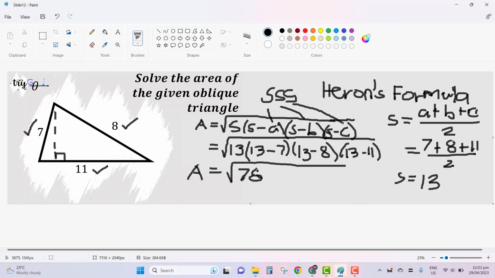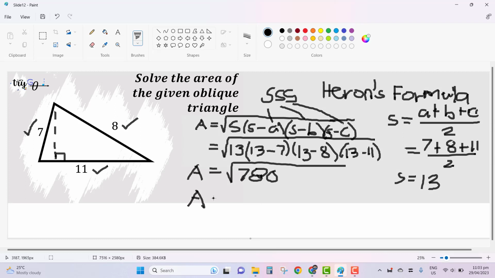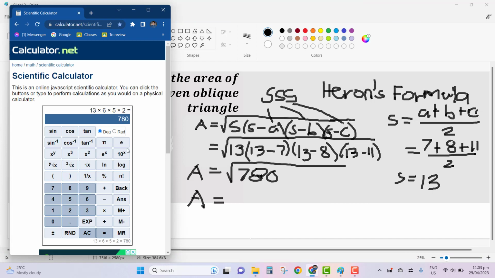That's the value you'll be placing here as your radicand. And since it is still to be subjected by square root, we just simply take the square root of 780. And since it's a measurement, of course, it's the positive square root. So we'll have the square root of 780, which will equal 27.92848, and so on and so forth.